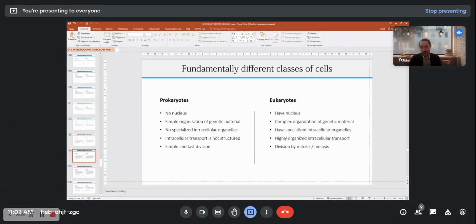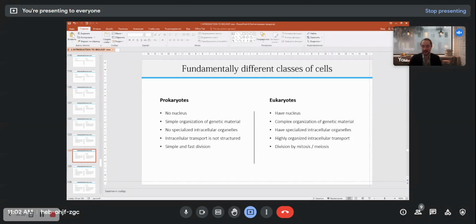This is one example of how sometimes simplification may lead to an advantage, not a disadvantage, because these cells are able to divide faster and expand their numbers during limited time.